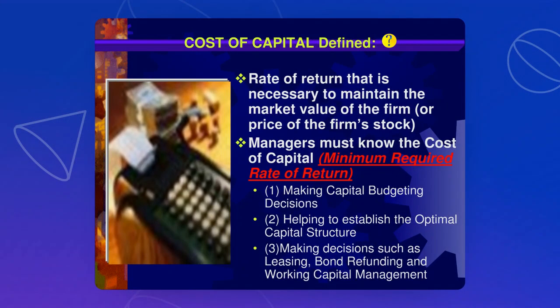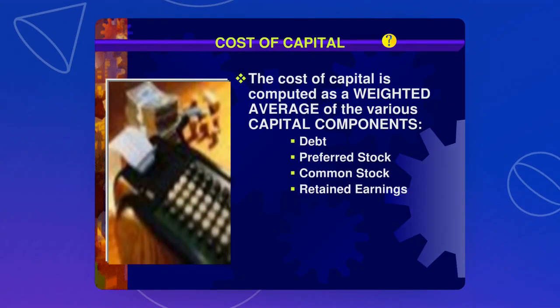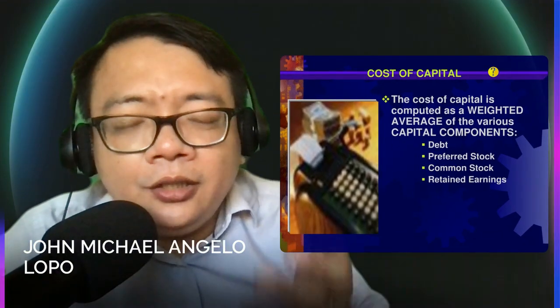Okay. So, paano yan, sir? How do we compute our cost of capital? It is computed as the weighted average of the various components: your debt, your preferred stocks, your common stocks, and your retained earnings.